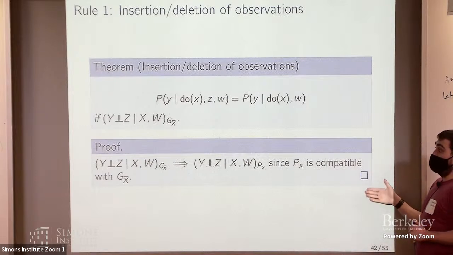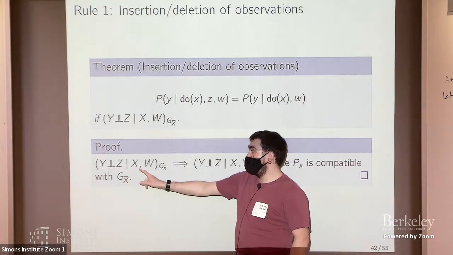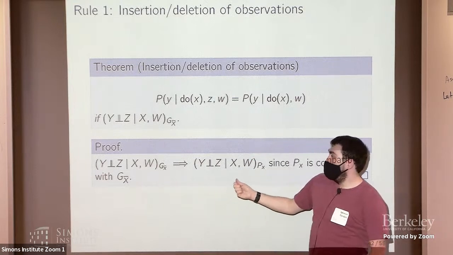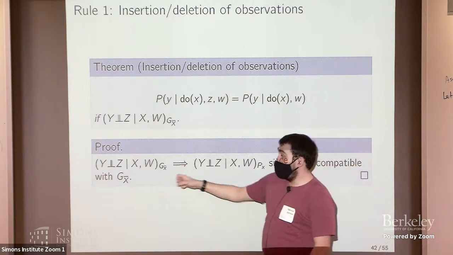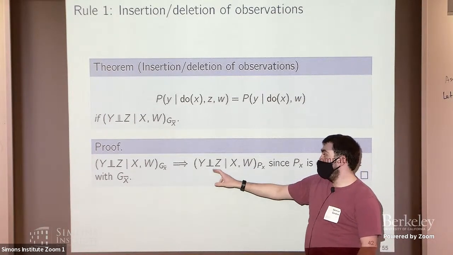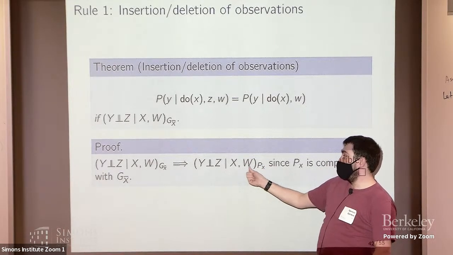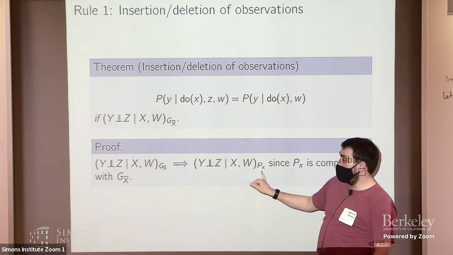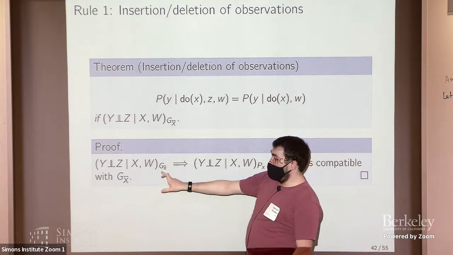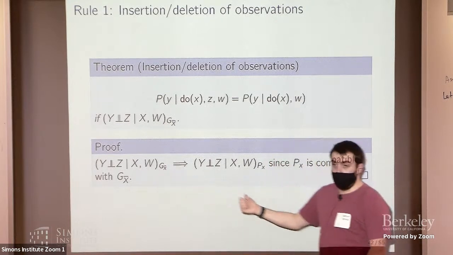If Y and Z are d-separated by X and W in the post-intervention graph, then by the soundness of d-separation, we immediately conclude that Y and Z are conditionally independent given X and W in the interventional distribution, because this interventional distribution is compatible with this graph post-surgery, right?